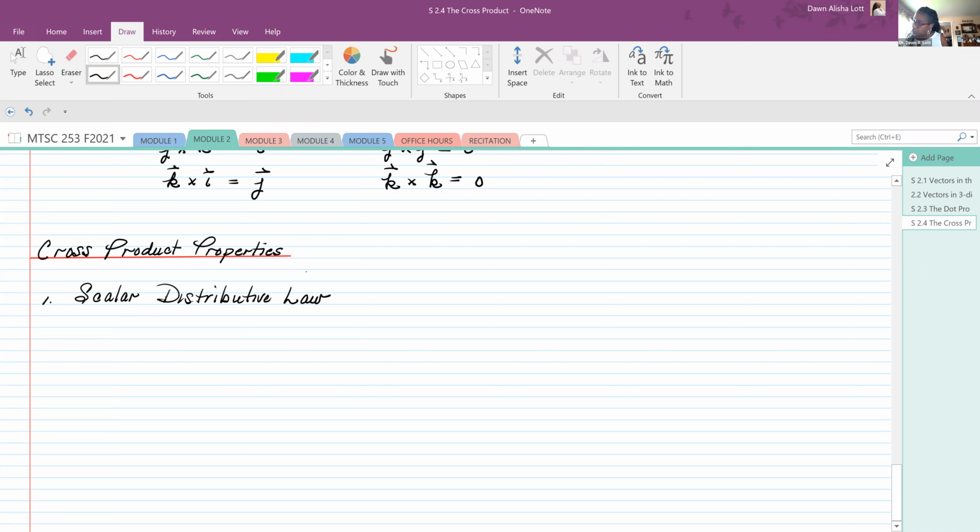And that one says, so here I'm going to let U, V, and W all be vectors in R3. And I'm going to let R and S be scalars.